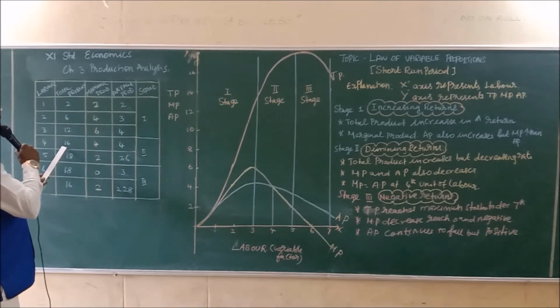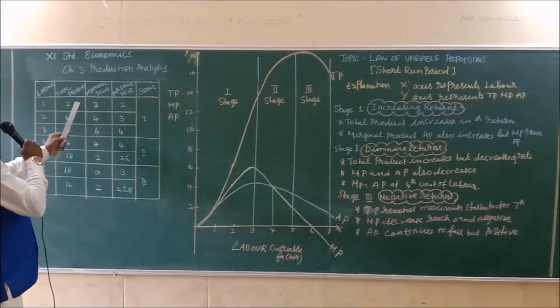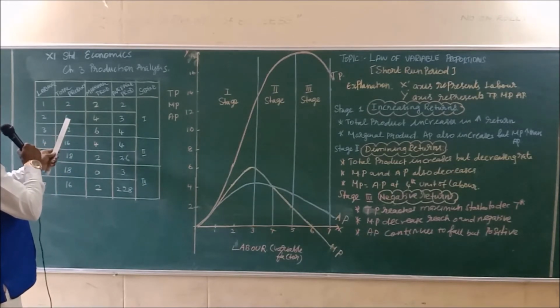How much? 4 units. 16 and 18, how much difference? 2 only. See, first unit 2, then 4 increased, then 6 increased. Again 4 increased, again 2 increased.